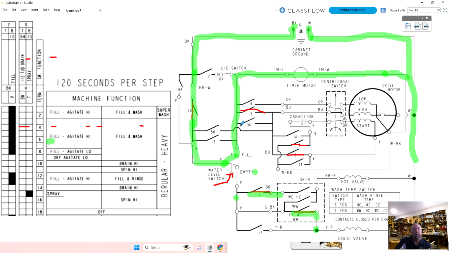Now the timer's starting to run, and we're sending power to our motor high-speed winding. Now, notice the timer goes through the motor overload to get to neutral. But in order to make the motor run, we need to energize the start winding and the run winding to get the motor to run. So power goes down here and goes this way, and it goes through the start winding and out.